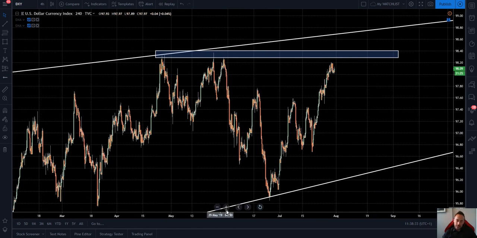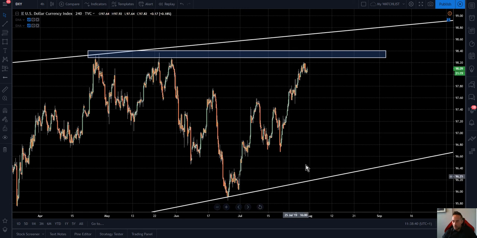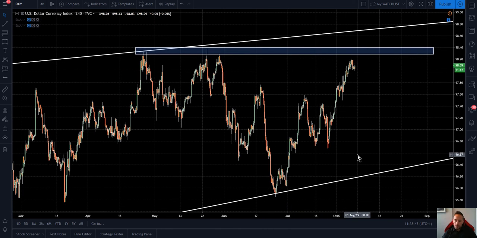The forecast is 25 basis points cut. Okay, that's what the rumor is. Now, if that is the case later on, then I think that price is actually priced into the market.